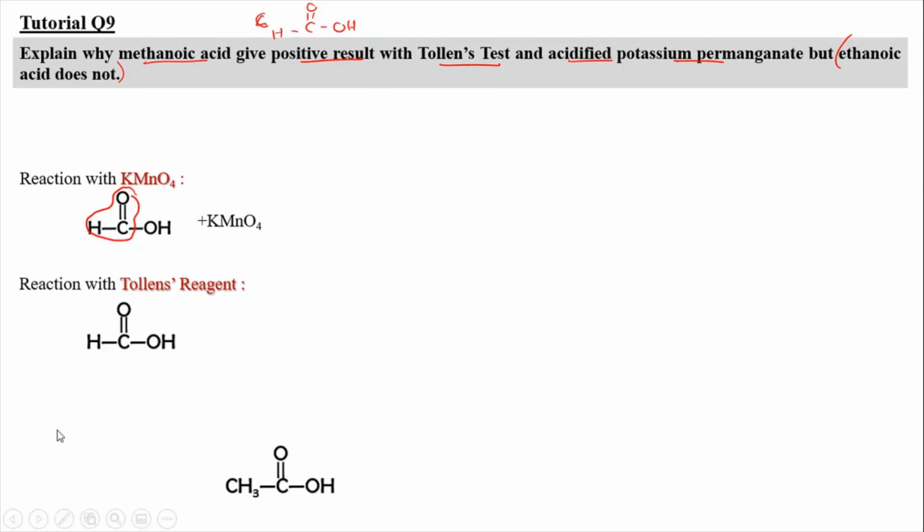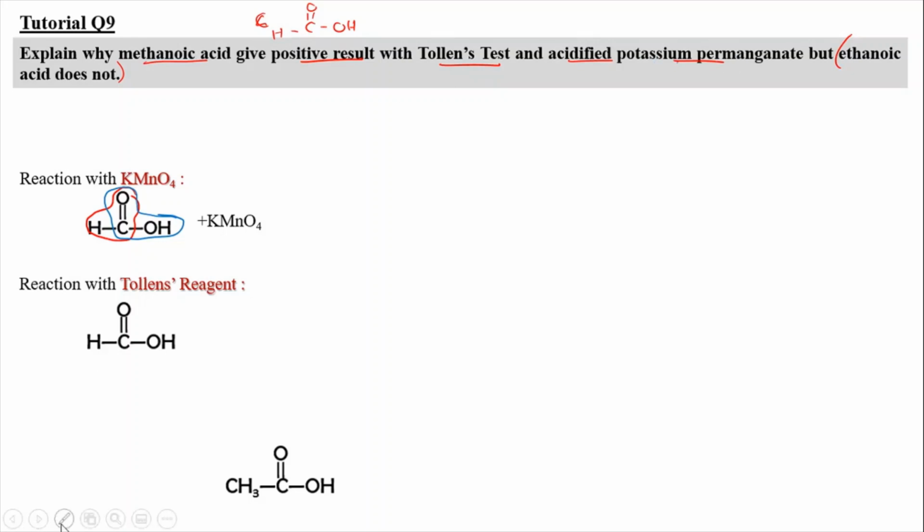At the same time, methanoic acid is going to have acidic properties, which come from the carboxylate group. Okay, so methanoic acid is going to give a positive result because it has an aldehyde functional group, where Tollens' test detects the presence of aldehyde, and the aldehyde can be oxidized by a strong oxidizing agent, which is potassium permanganate.